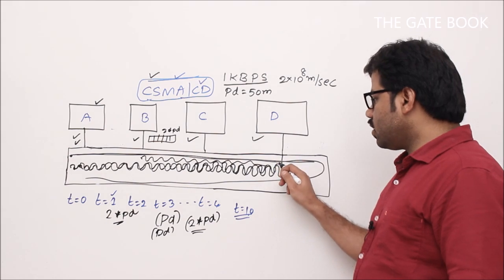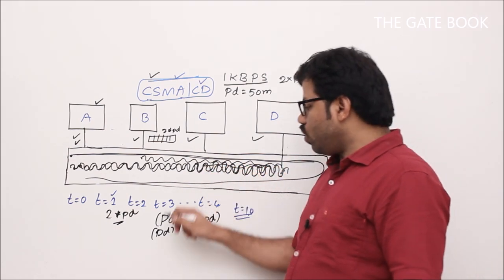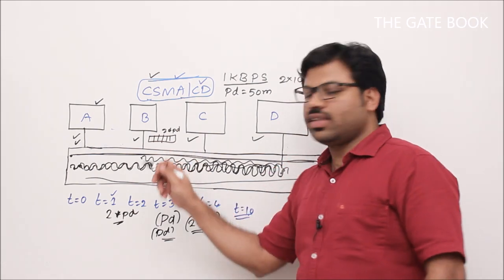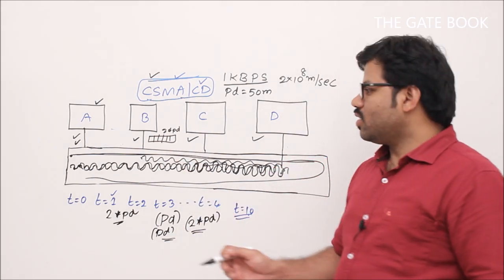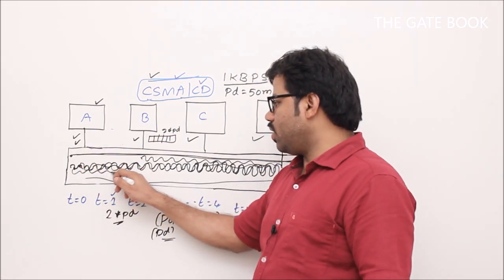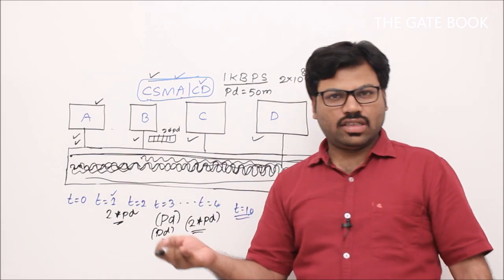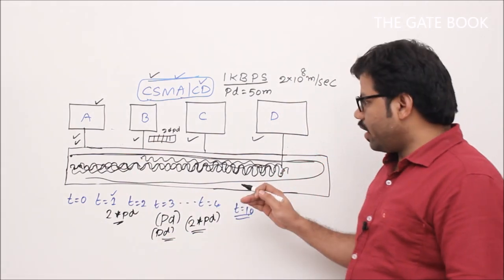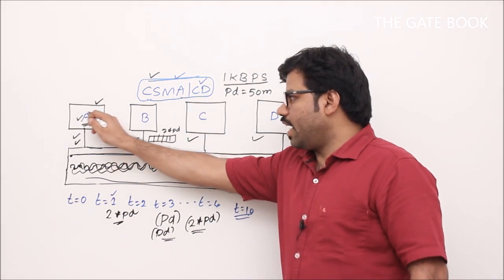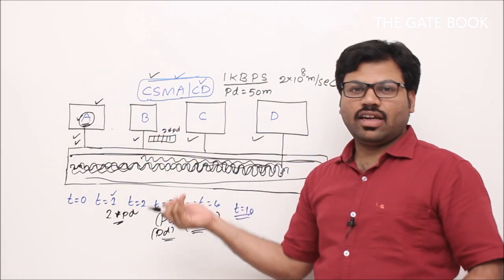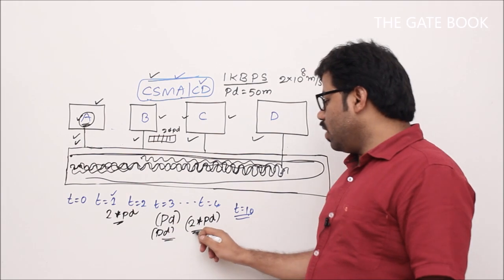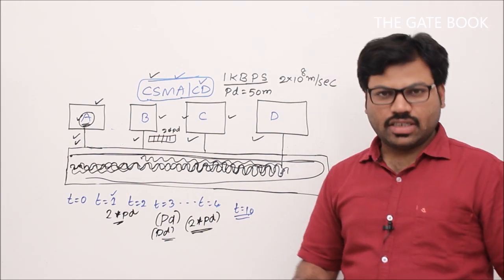So if a collision occurs, then before 2 into propagation delay, definitely B is going to get the signal back, isn't it? From A also, if A sends the same signal from here, then very quickly B will get the collision. What I want to say finally is, if you calculate the case for A, then it is like covering B, C, D, everything, correct? So that's why I said the duration should be 2 into propagation delay.